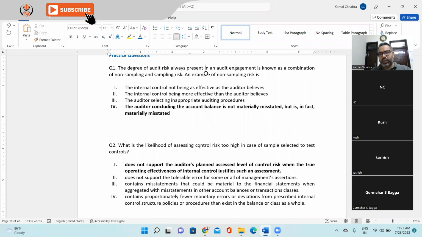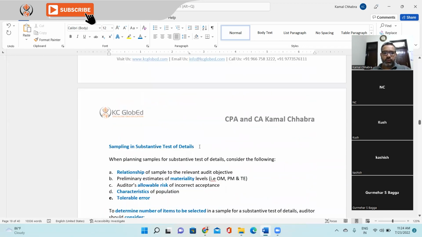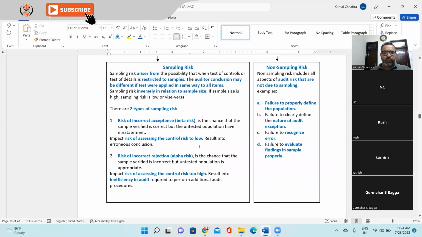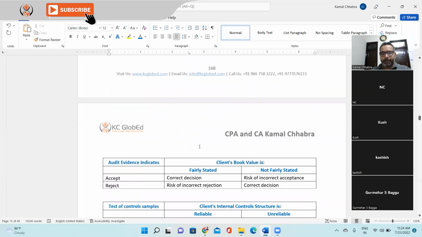Absolutely. Believing that the sample is correct means we believe everything is fine. In the second option, the auditor believes the sample is not correct, so we state that the entire population is not correct, which is not the case. So Nimisha, if you see this first one, risk of incorrect acceptance. Sounds good? Yeah, it's okay. Understood. Thank you.